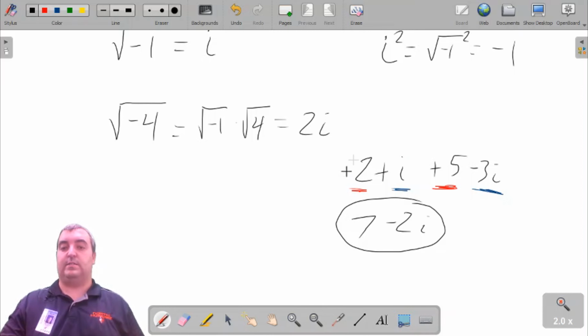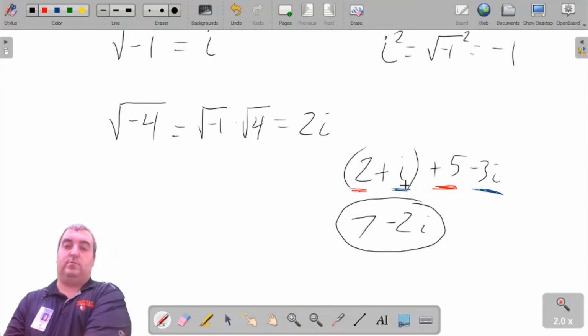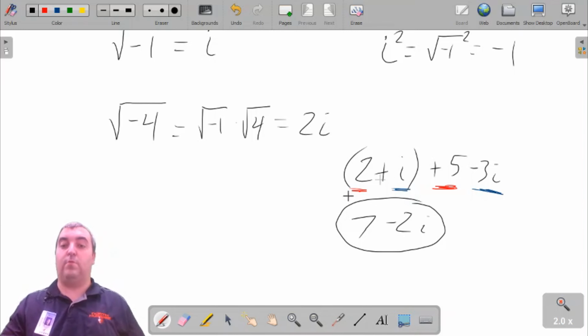By complex, I mean a number that has a real component and an imaginary component. So complex numbers are where you have both of them. Technically, one of them could be 0. So complex numbers are really any number you could think of, including any number with i.